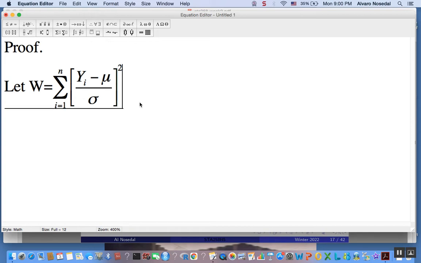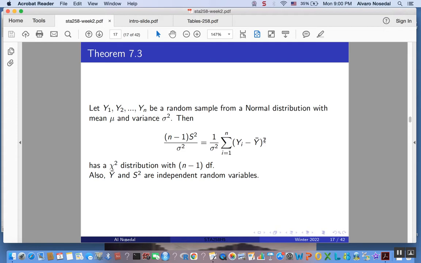Now we're going to do a kind of a trick. Note that the quantity that we are interested in is not yi minus mu divided by sigma the whole thing squared. It's something similar: instead of subtracting the population mean mu, we're subtracting the sample mean, y bar. So we would like to introduce that there.